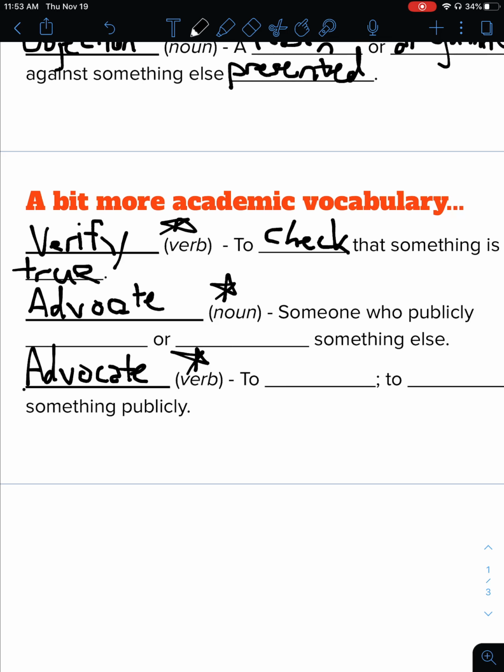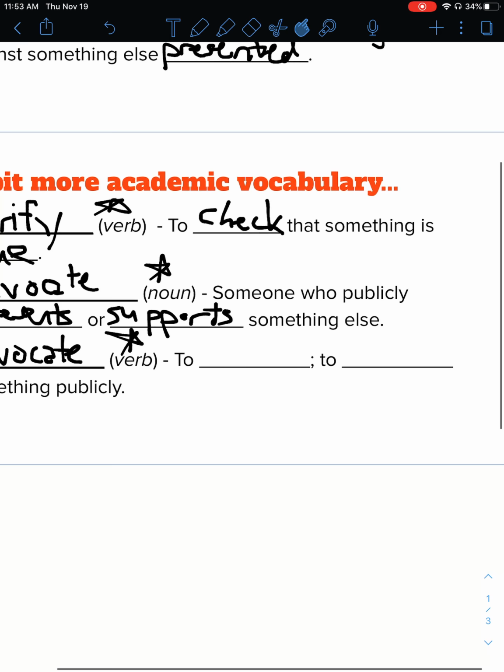An advocate as the noun is someone who publicly represents or supports something. So I would hope that you all know that I'm an advocate for you all. I publicly support you all. I would hope that you knew that. And if you don't, now you know.